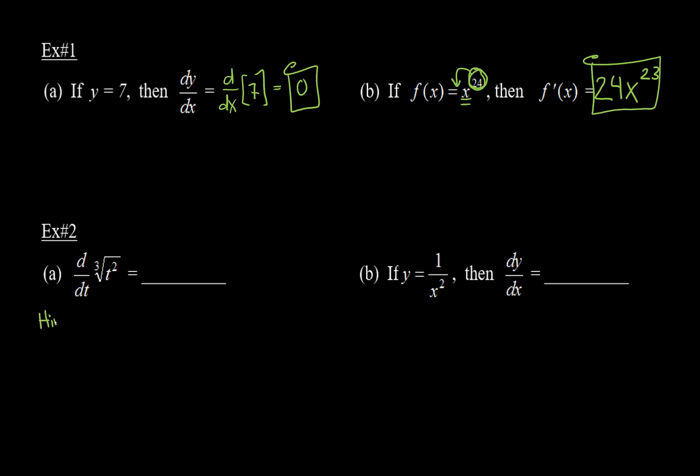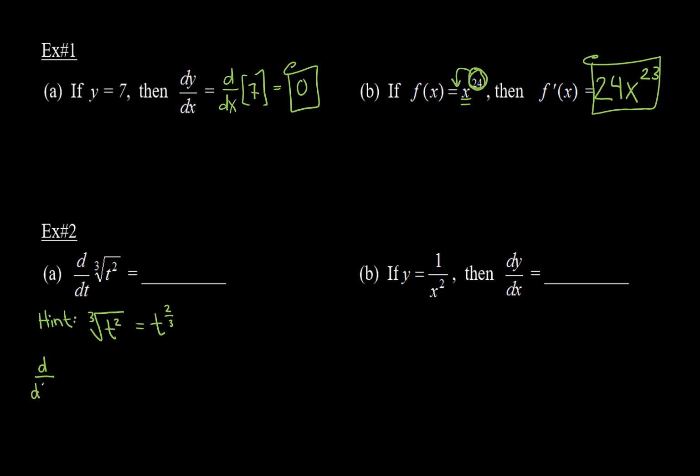For the next one, I got a little hint for you. For this function right here, keep in mind that if you have the cube root of t squared, that's like saying t to the 2/3 power. And it is much easier to take the derivative when we use t to the 2/3 power. So that's what we're going to do.